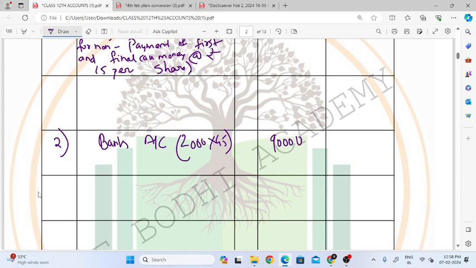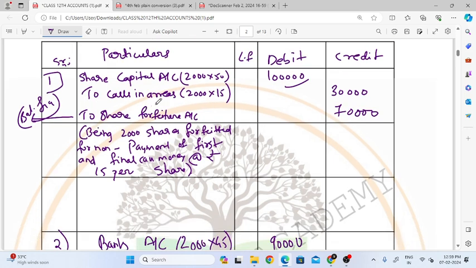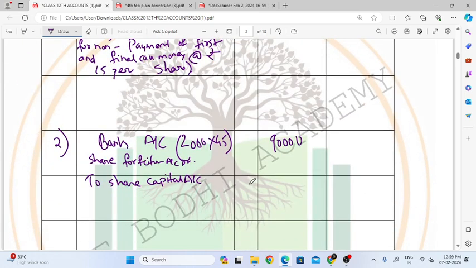Okay, so then share forfeiture account, debit, to share capital account. Share forfeiture, how much do we have in share capital? We have 1 lakh. So here, if one transaction is getting debited, another will be credited.